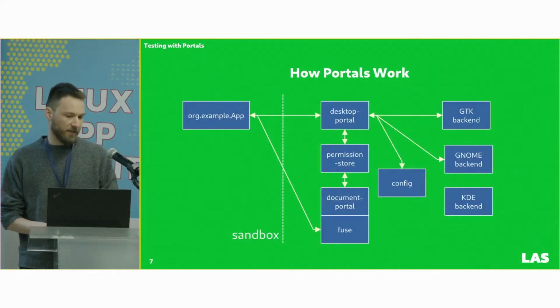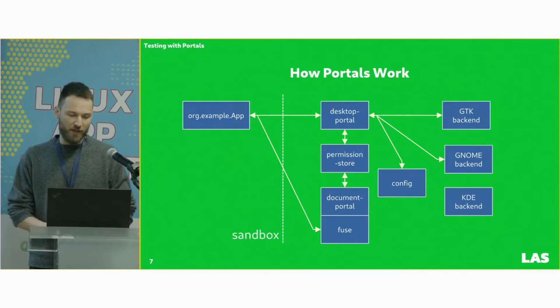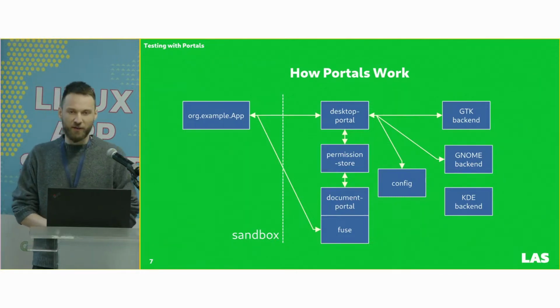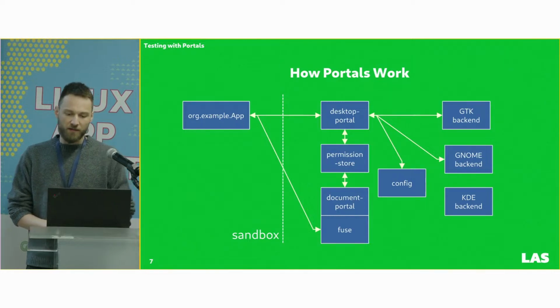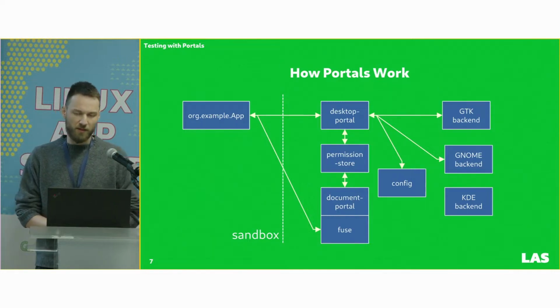So essentially this is the whole system working. On the one end, we have the application itself, and it talks with the desktop portal. It sometimes uses the FUSE file system. In some circumstances, it also calls the document portal directly.